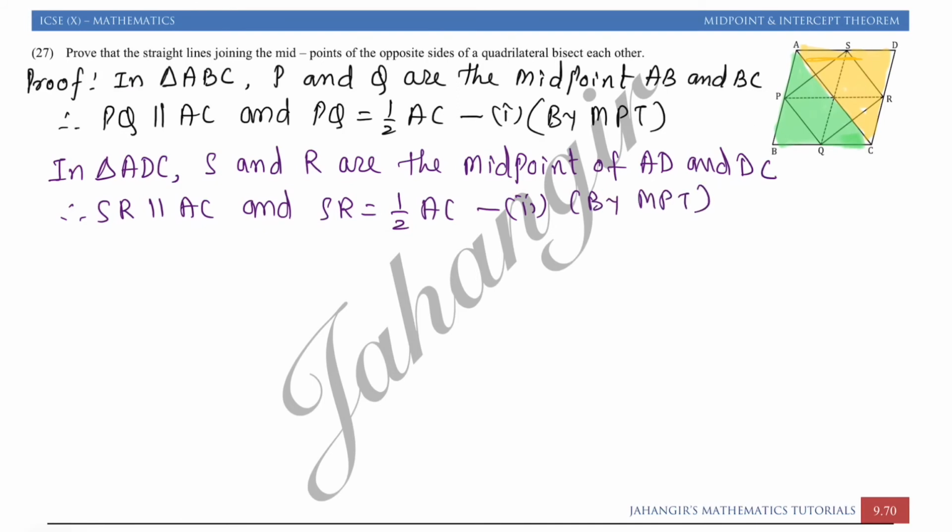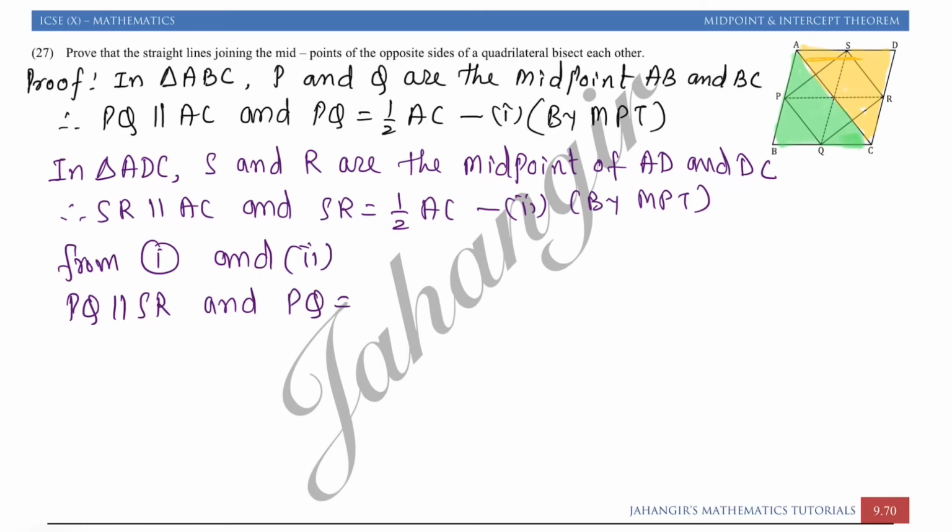So comparing these, from 1 and 2, we can say PQ is parallel to SR and PQ is equal to SR because both are equal to half AC.